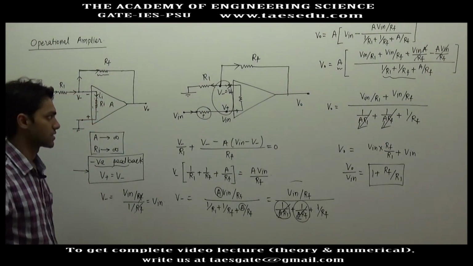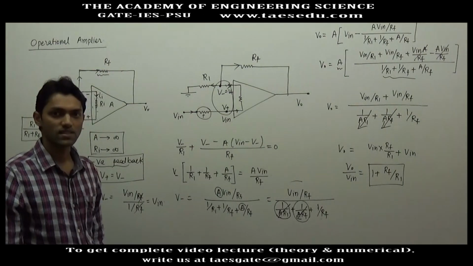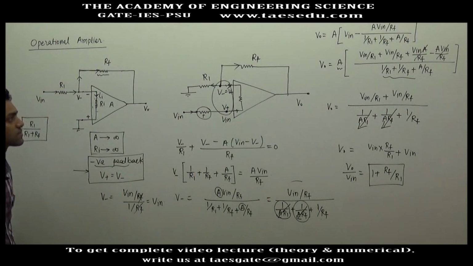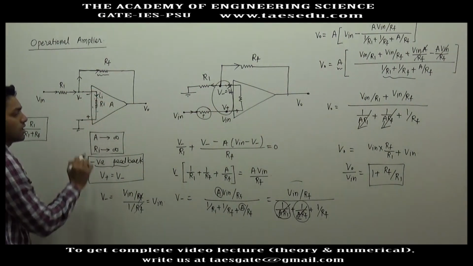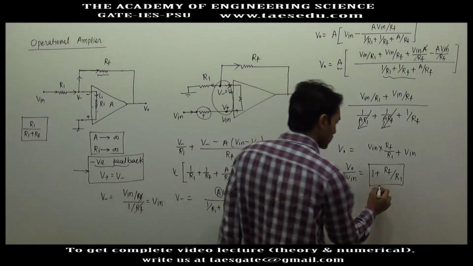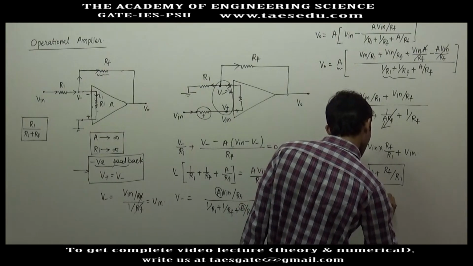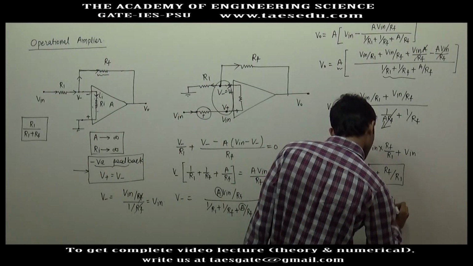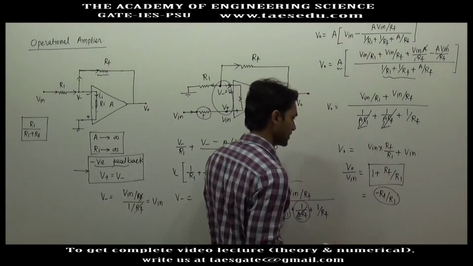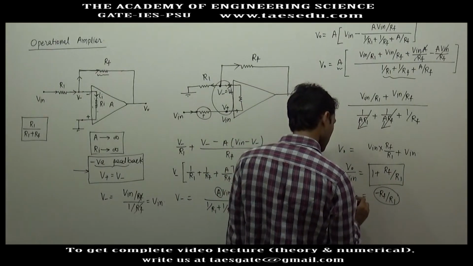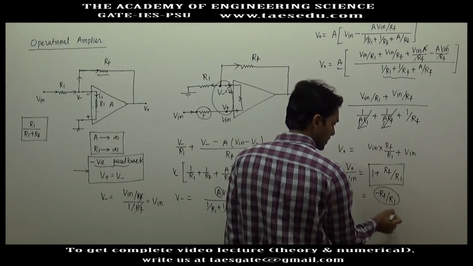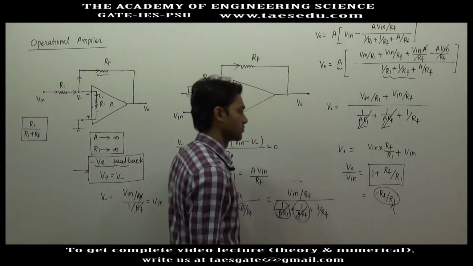Now I will take the next example in which I will not take gain as infinity, and in that case I will show you that these two voltages will not be the same, and this formula, minus RF by R1, will not be valid. This is the formula when the voltage is applied at the inverting input.